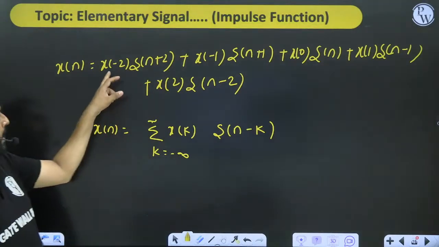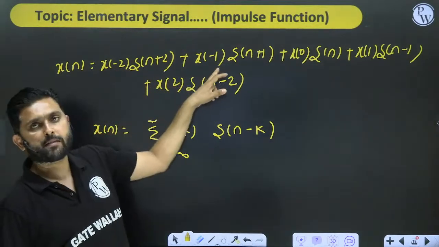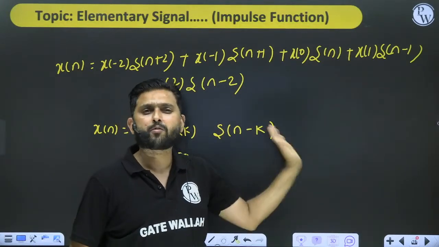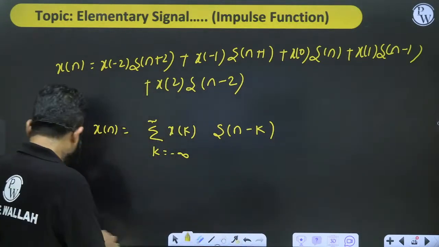Exactly, see, k value is minus 2, minus 1, 0, 1, 2. This is the defined function.